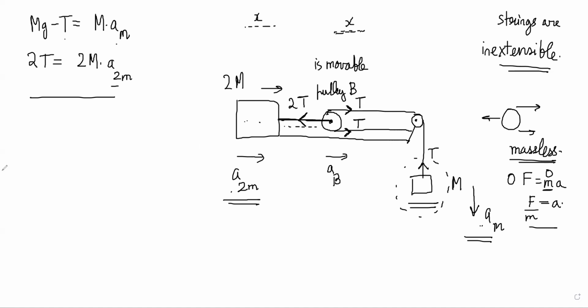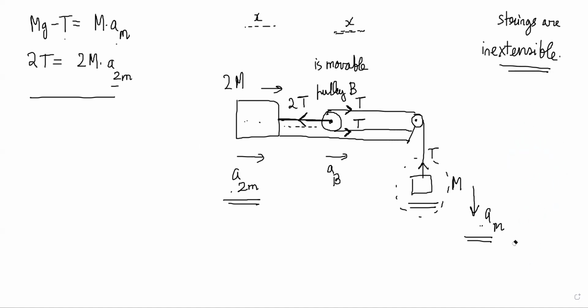So the idea here is to always take advantage of the fact that the strings are inextensible, right? So let's say this mass goes down by a distance y. What will happen now? Look at the string here. The string here is longer, and this extra distance is y, right?